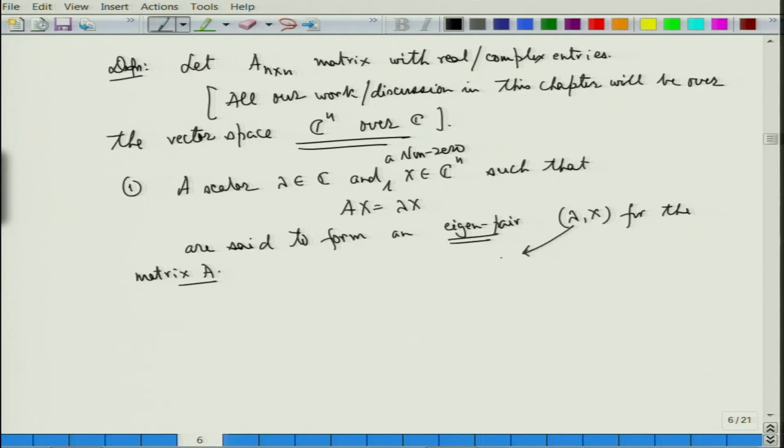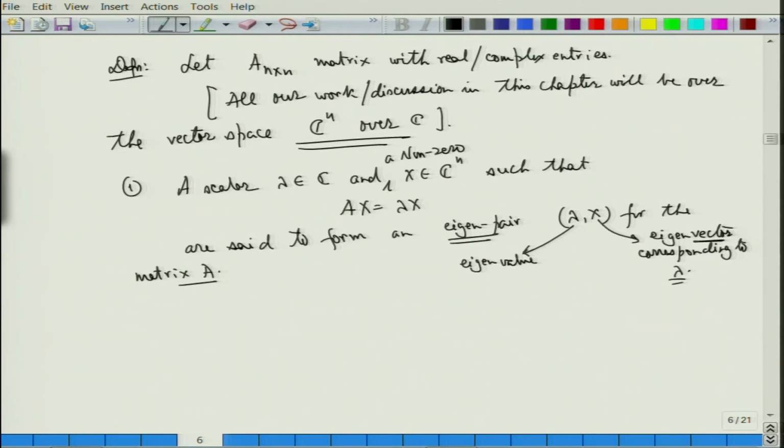Lambda is called an eigenvalue and x is called an eigenvector corresponding to lambda. You have to set them together as an eigenpair; when you say lambda is an eigenvalue, x is the corresponding eigenvector. Is that okay? That is important for me.